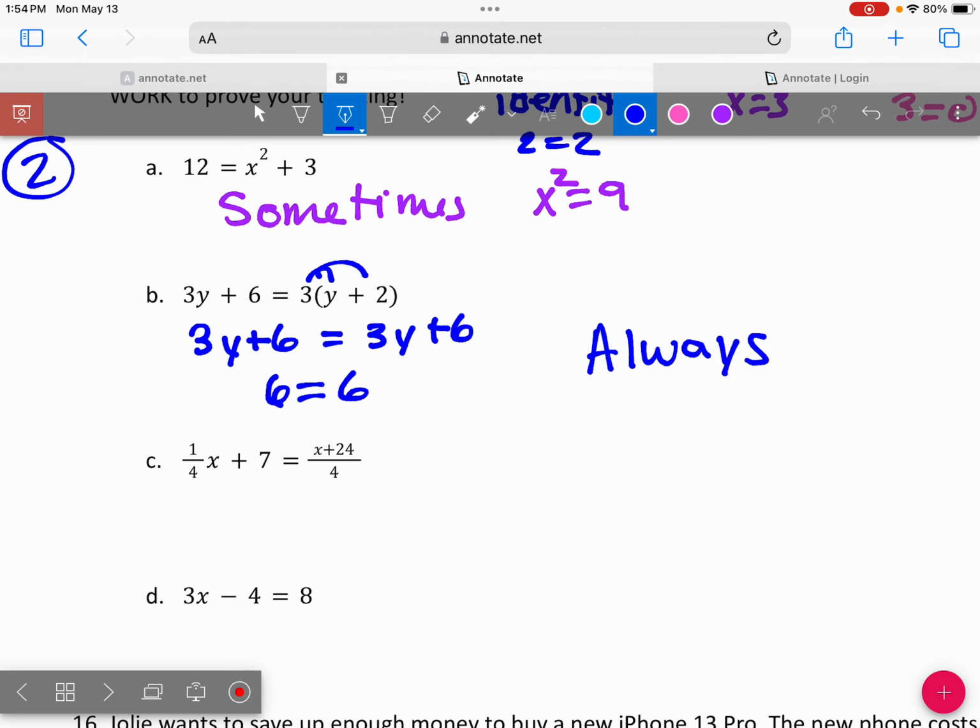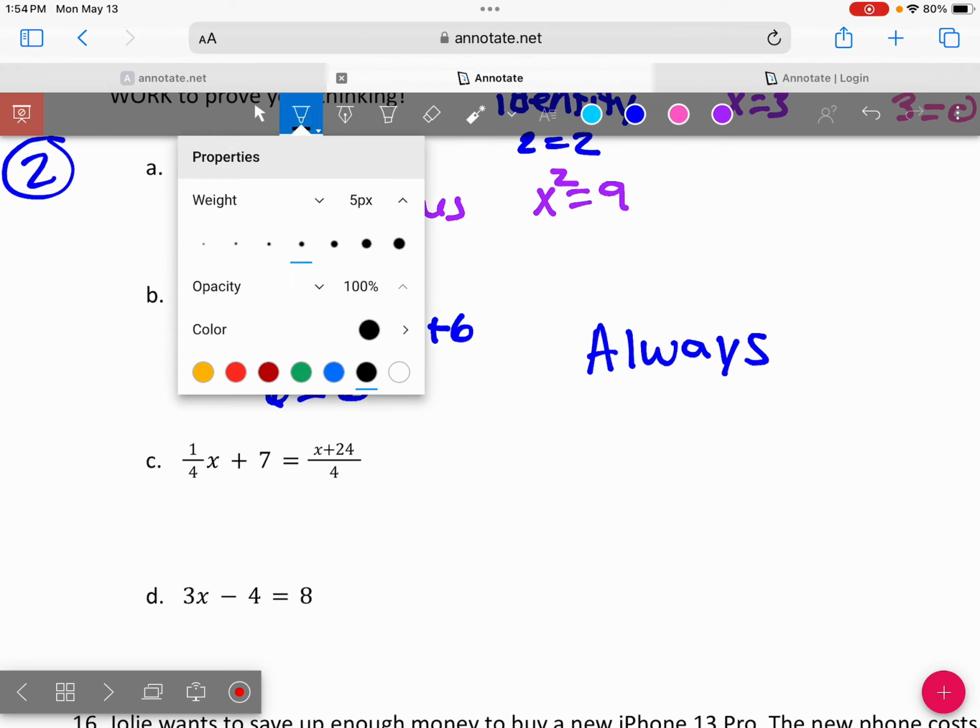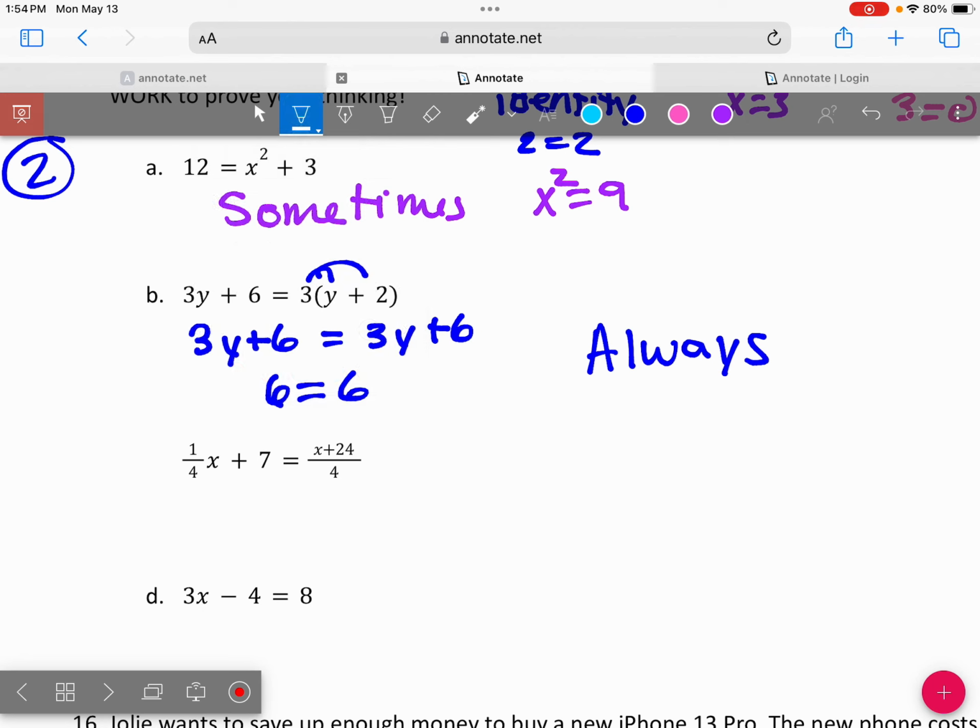Sometimes. Let's see. If we were not sure where to go, what could I do to make all the fractions go away? Multiply by 4. Multiply everything by 4. When in doubt, get rid of your fractions. Don't make your life harder than you need to be. Multiply this by 4, this by 4, this by 4.